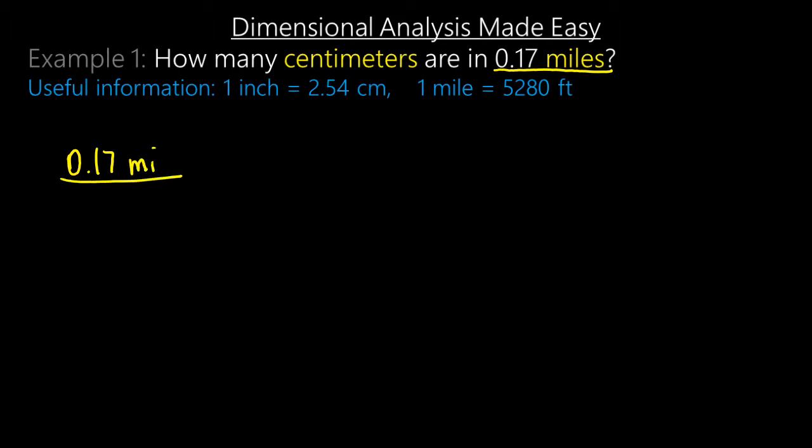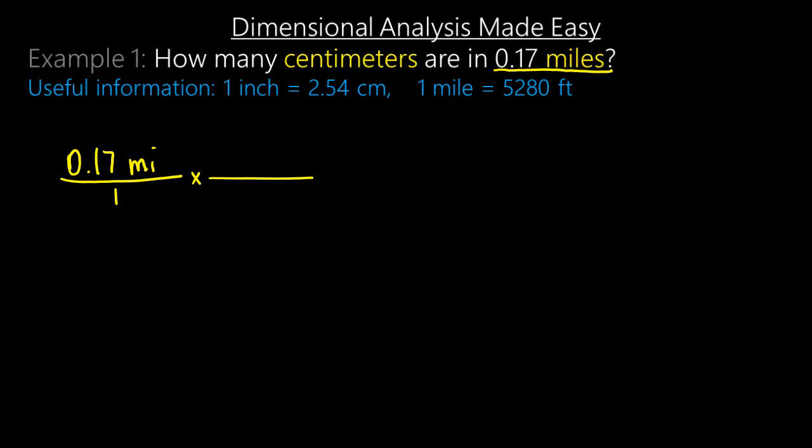And I tend to put that value over 1 if it's a single dimension. For example, this is going from miles to centimeters. It is not going from miles per hour to meters per second or some other type of rate. So 0.17 miles, I put it over 1 just to keep my heights the same. Numerators and denominators are all on the same level, and it kind of helps visually. It is completely optional.